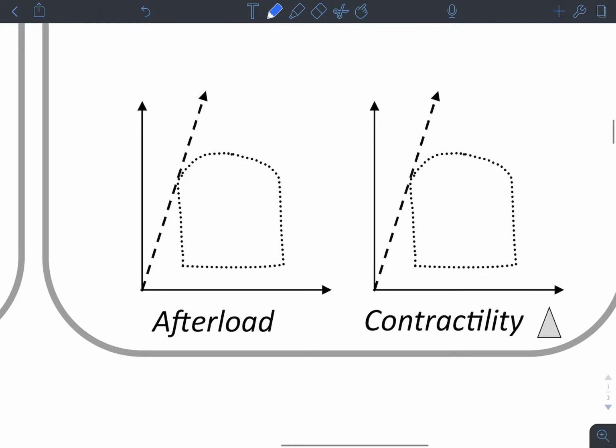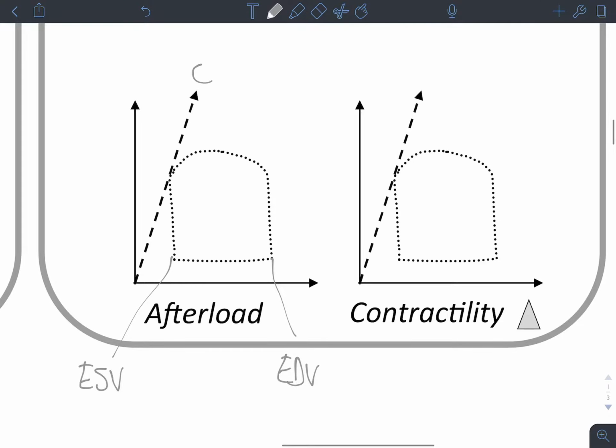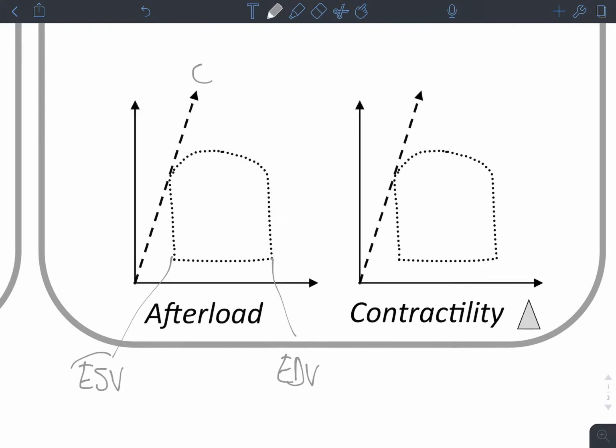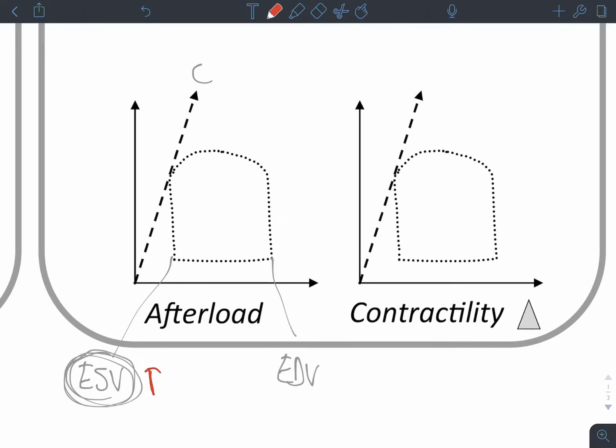Okay. And again, I want to remind you that here we have end diastolic volume, and here we have end systolic volume, and this is representing contractility, right? Okay. So in afterload, we are only changing end systolic volume. So here, let's say that we are increasing end systolic volume.